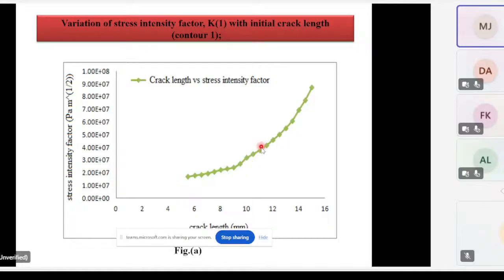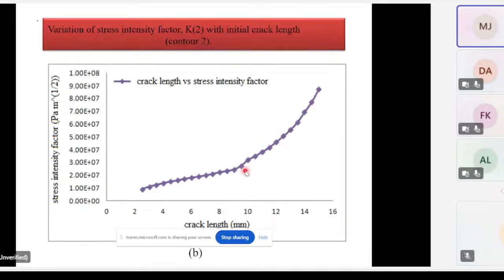From here, you can very easily find the critical crack length, because here you find the crack is growing and it's a disruptive growth. Somewhere here, the crack growth rate is very, very large. That is how you can get this.